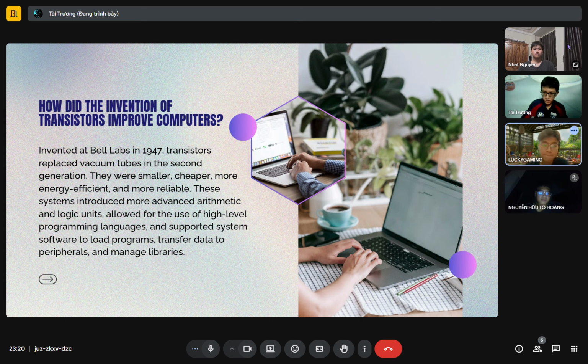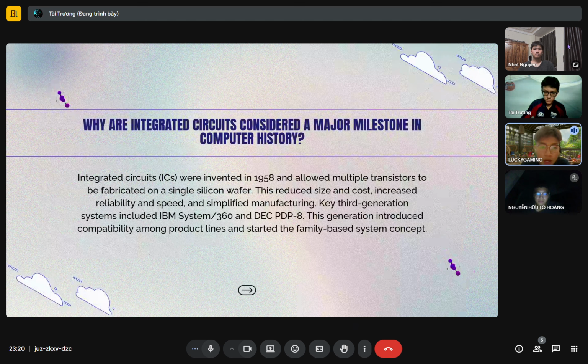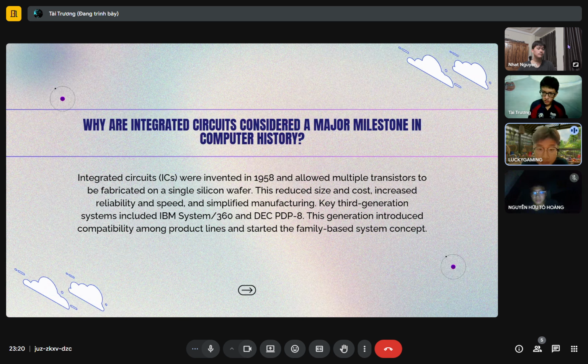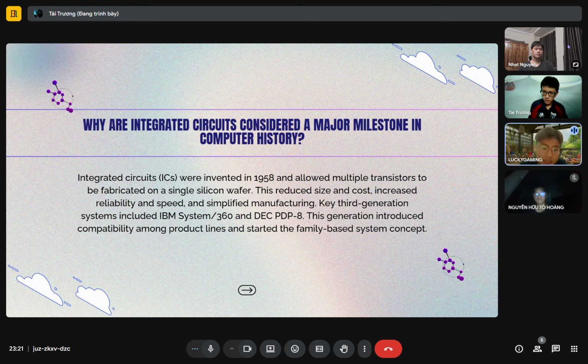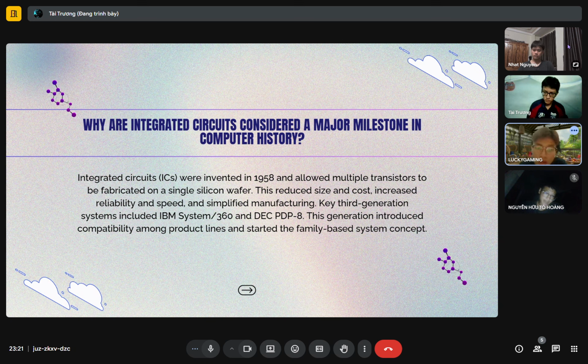And why are integrated circuits considered a major milestone in computer history? An integrated circuit, or ICs, was invented in 1958 and allowed multiple transistors to be fabricated on a single silicon wafer, which reduced size and cost, increased reliability and speed, and simplified manufacturing.